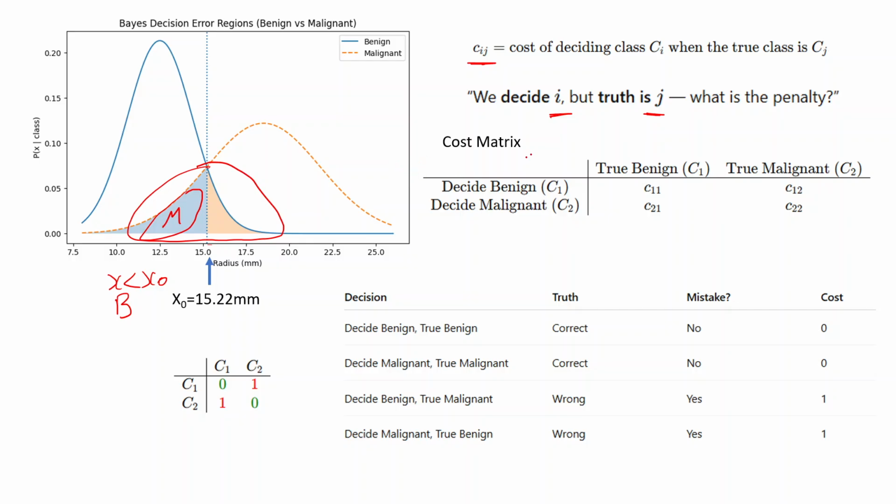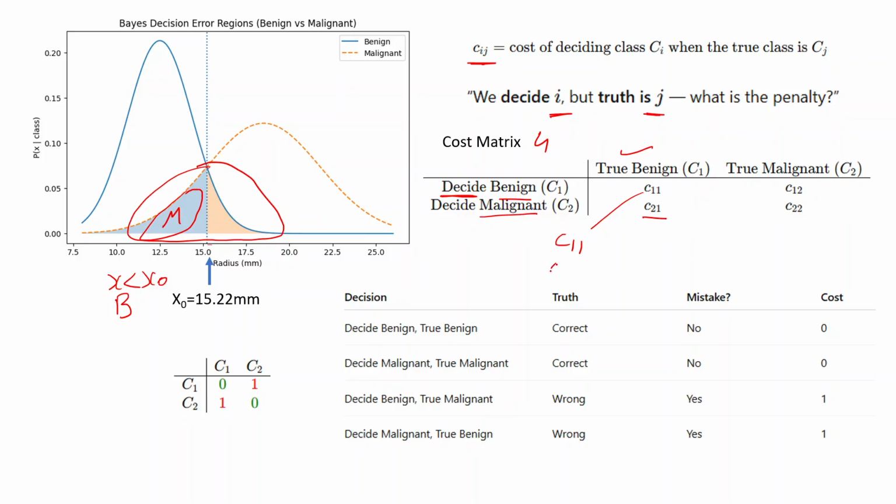Now, when we take this cost C_ij, there are two classes, therefore the cost matrix will contain four values. One is when we are deciding benign and the truth is benign, and another is when we are deciding malignant and the truth is benign. Here you can observe C11: we are deciding class 1 and the truth is 1.